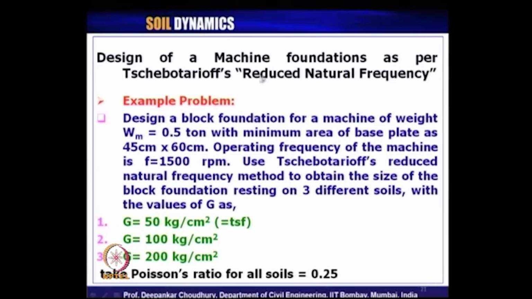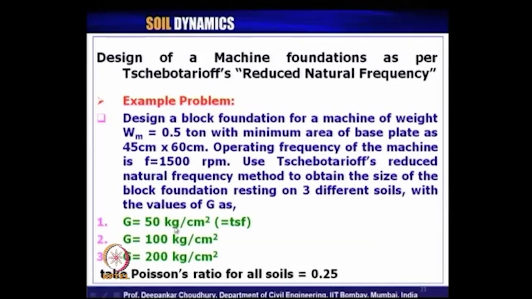So, this is clearly a complete design problem which we need to consider, and the G value for these three different types of soil are given as the first one as 50 kg per centimeter square, second one 100 kg per centimeter square and the third one is 200 kg per centimeter square. And it is mentioned that assume the Poisson's ratio for all these three types of soil as 0.25.